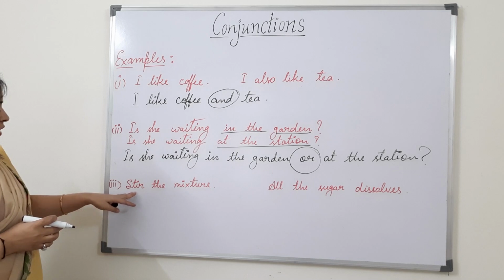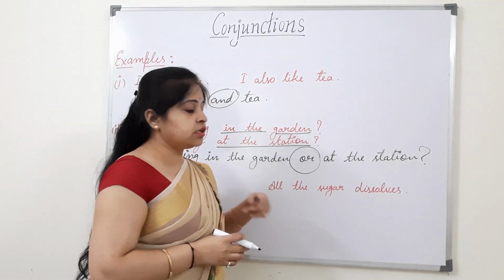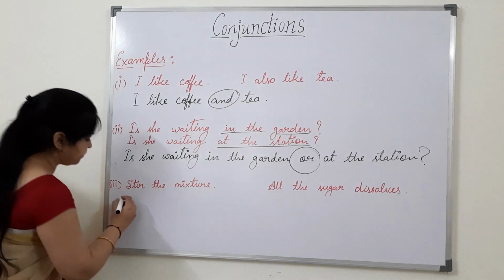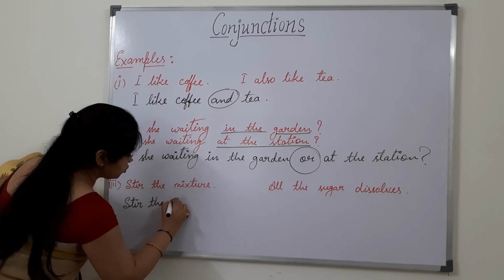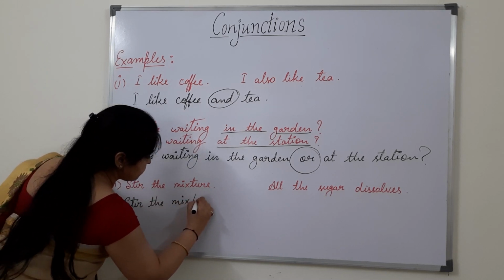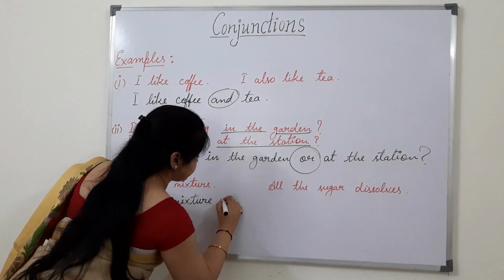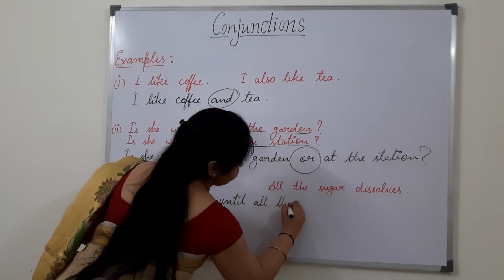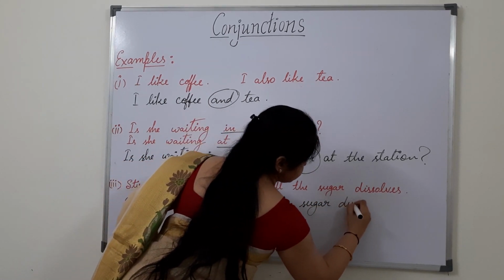Other example, stir the mixture, all the sugar dissolves. How to join? Stir the mixture until all the sugar dissolves.